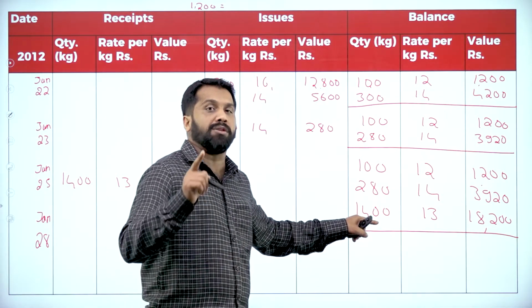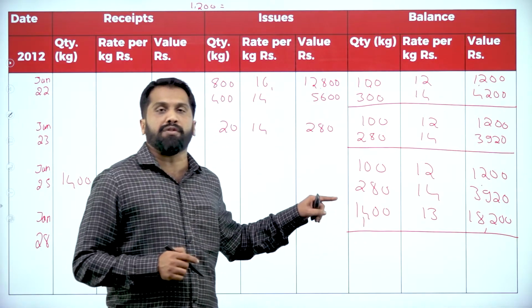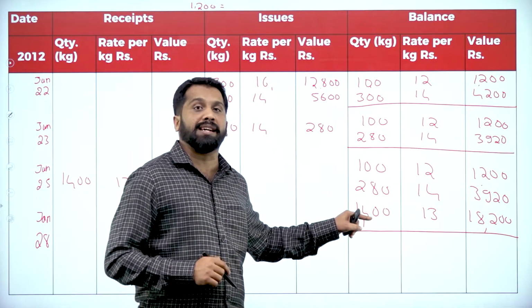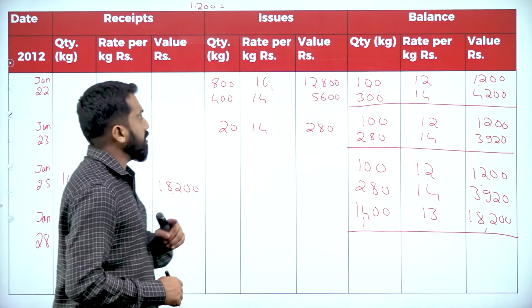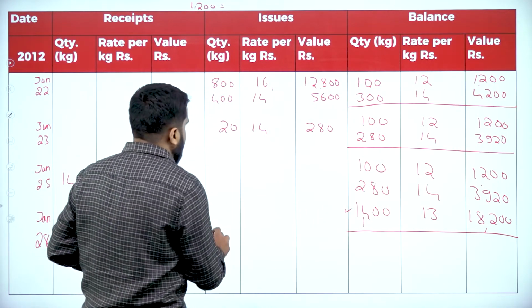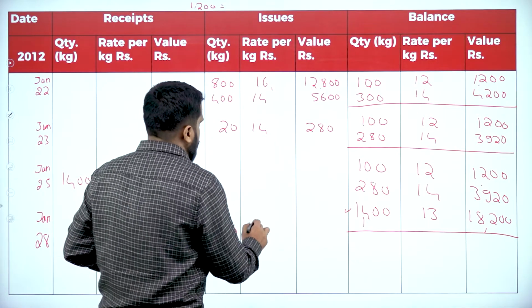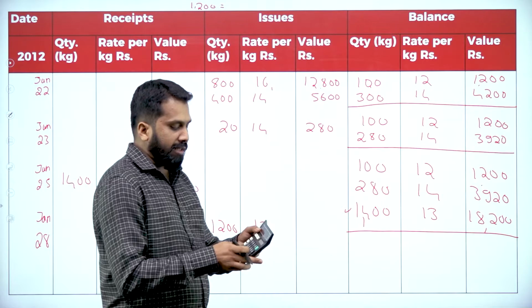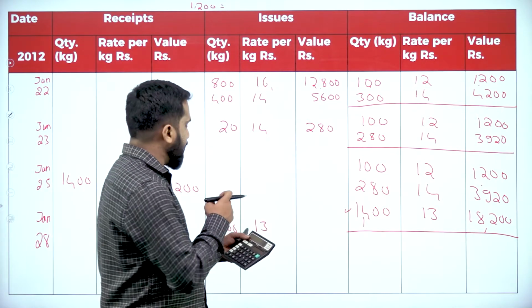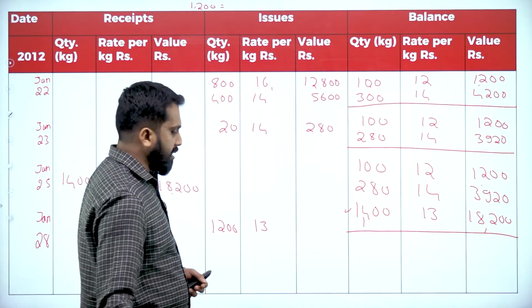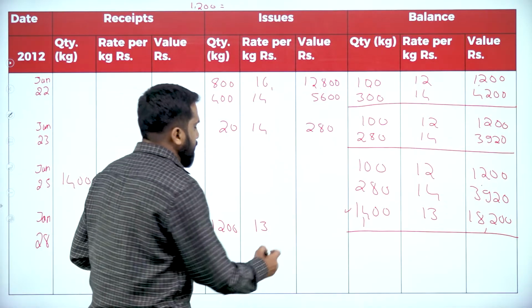You have 1,400. Will you go for that? Yes, we have to go for the last box. How much we needed? 1,200. Out of this 1,200, value 13. We'll see how much you will get. 1,200 multiplied with 13. So you will get 15,600.